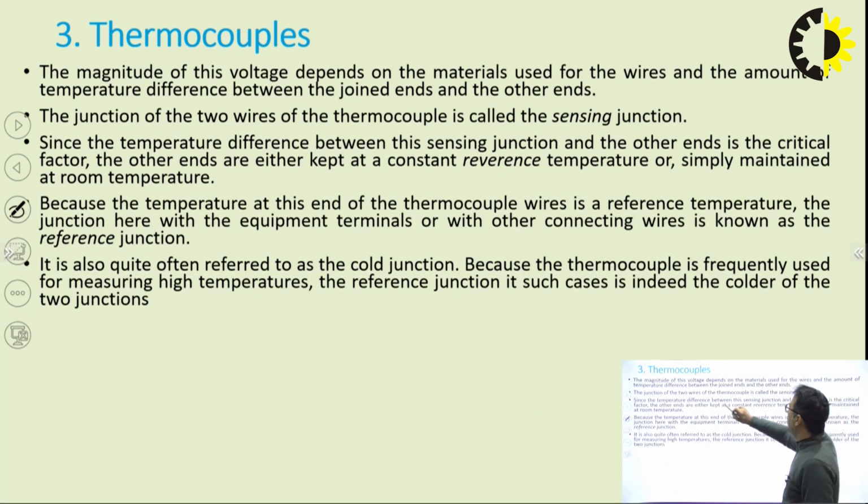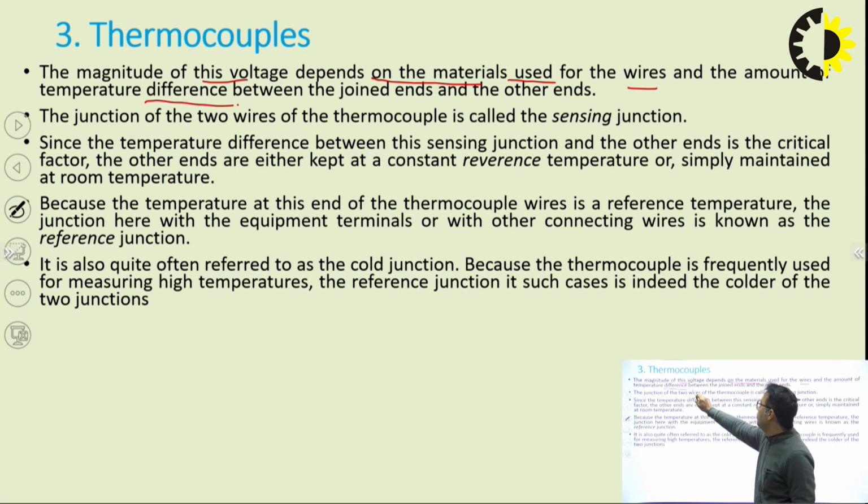The magnitude of the voltage produced depends, first of all, on what kind of material we are using, and second, on the amount of temperature difference between the two junctions.